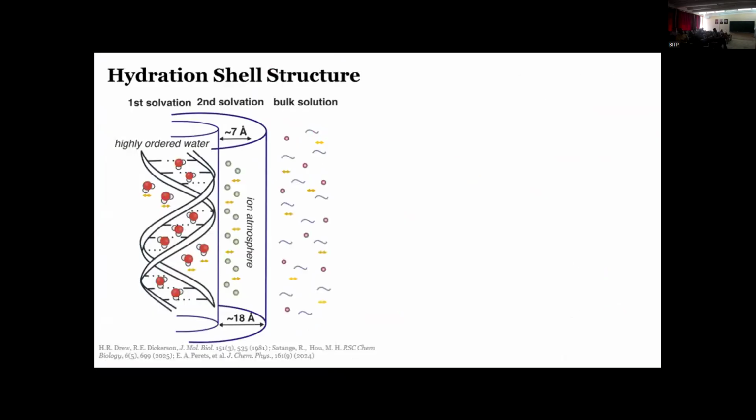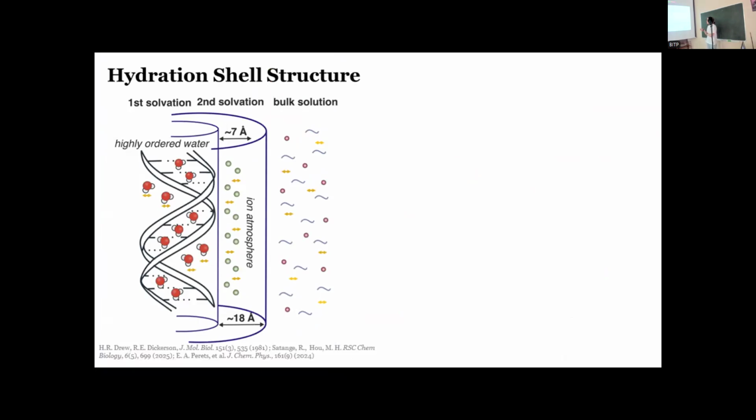So the water molecules together with ions form around the DNA the ion hydration shell, which extends more than 80 angstrom from its surface and can be roughly divided into several layers. The outermost layer behaves more like the bulk solution, being closer to DNA but without direct contact with the surface.